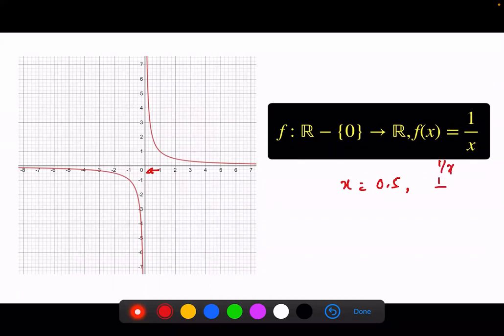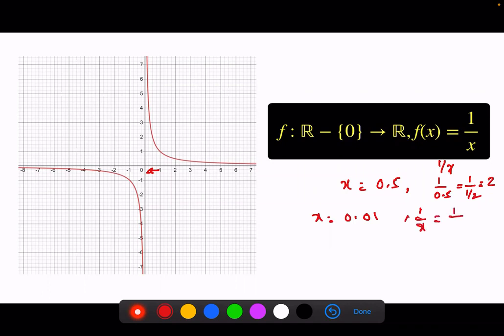It will be 1 by 0.5, which is 1 by 1/2, and that becomes 2. If x is 0.01, then 1 by x will be 1 by 0.01, which becomes 100. If x is 0.001, 1 over x will be 1,000.